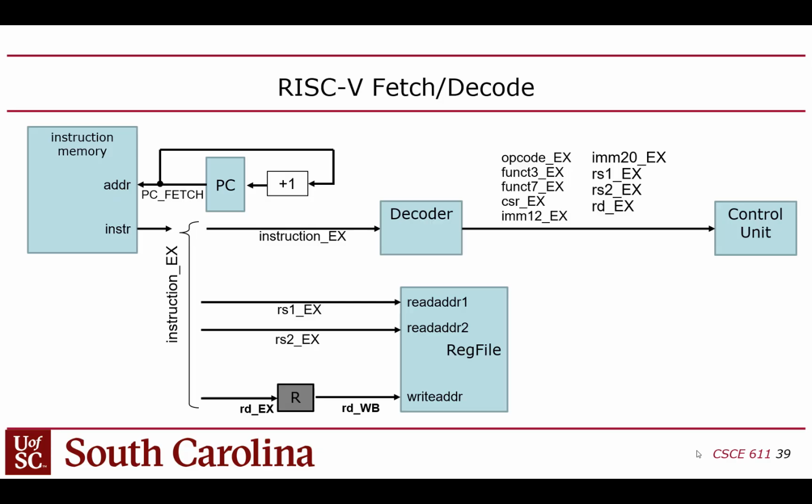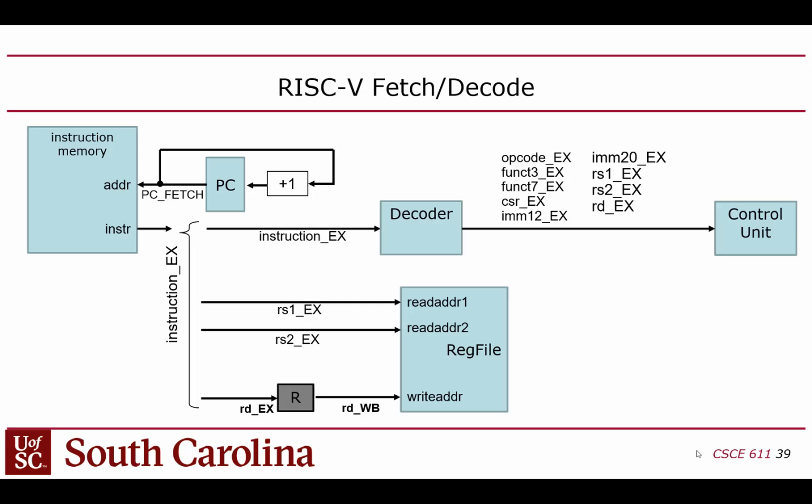For example, you have an immediate 12, which is, I think, the upper 12 bits of the instruction. If it's an R-type... Oh, I already forget. Is it R-type? I-type, sorry. If it's an I-type instruction, the upper 12 bits are called immediate 12. But if it's a U-type instruction, the upper 20 bits are called immediate 20.